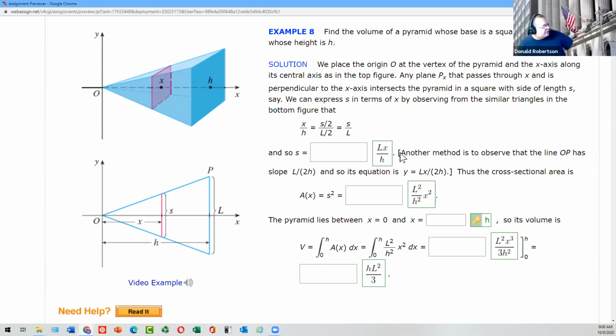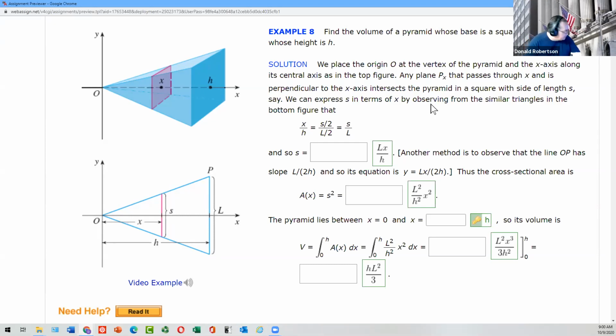Right, we can express S. So in this picture down here, if that's X, we can express this distance here by observing what are called similar triangles.